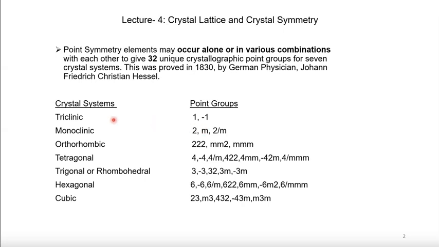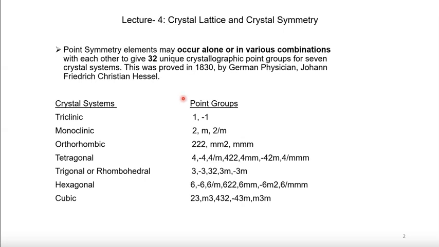Therefore, we take a little bit more time to let you understand this a bit clearly, maybe not perfectly clear, but a bit clearly. So we say that symmetry elements may occur alone or in combination with each other. And that created 32 unique crystallographic point groups for 7 crystal systems.